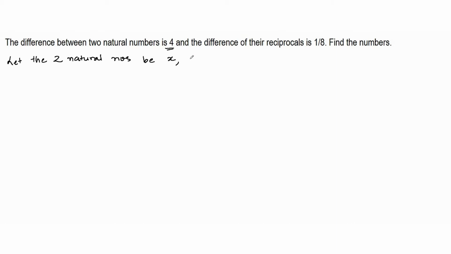So I can take the second natural number as x plus 4. Of course, I could have also taken it as x minus 4, but in this case I have taken it as x plus 4.